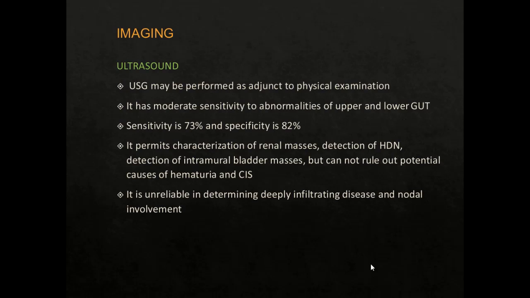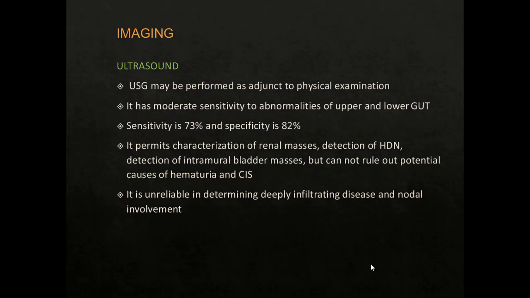Starting from the diagnostic modalities, ultrasound is the imaging mostly used when we encounter a patient with hematuria. Ultrasound may be performed as an adjunct to physical examination. It has moderate sensitivity for abnormalities of the upper and lower genitourinary tract. The sensitivity is 73% and specificity is 82%, and I am talking about ultrasound CDI of the patient.